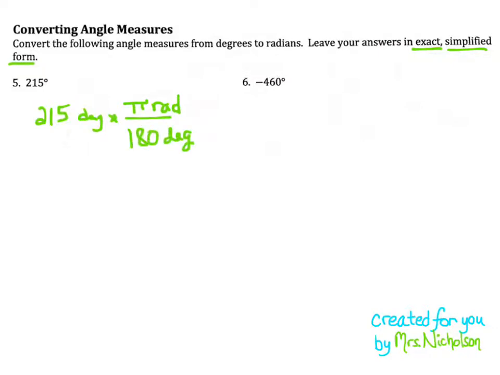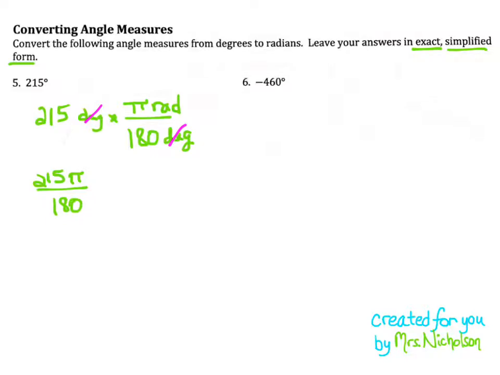And I wrote the units there to show that we've got degrees on the top in our given angle, and so I want degrees on the bottom in my conversion factor so that the degrees cancel out and I'm left with radians. So I have 215 pi over 180. And on the exam, you're going to be able to use your calculator to reduce these fractions.